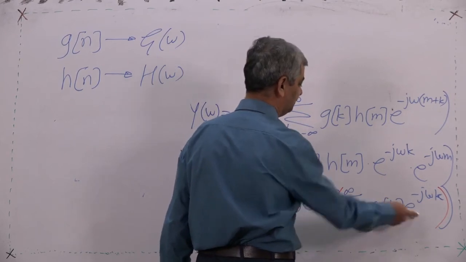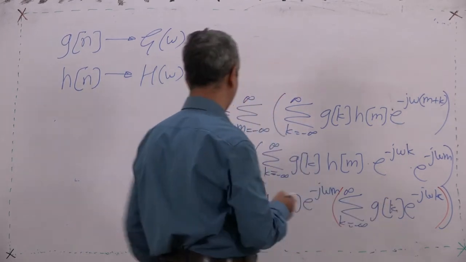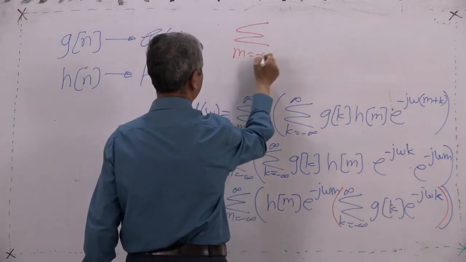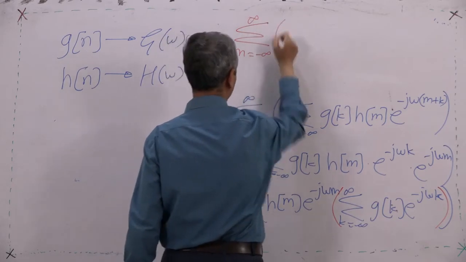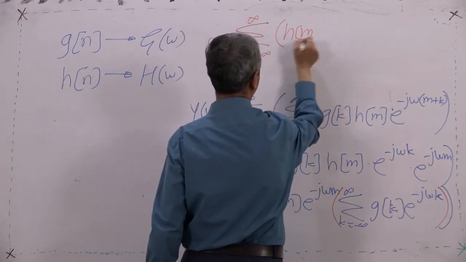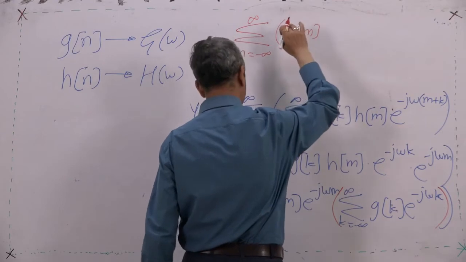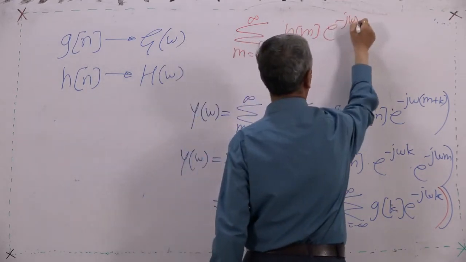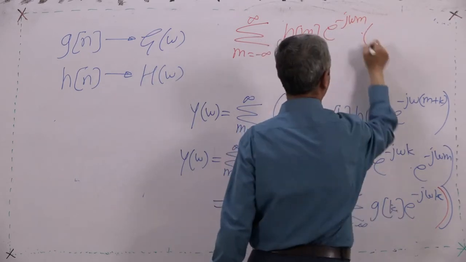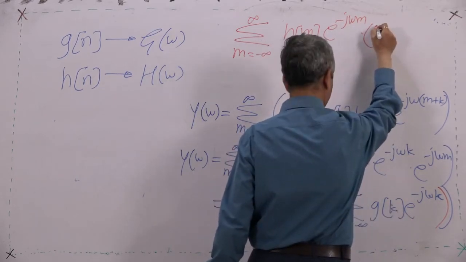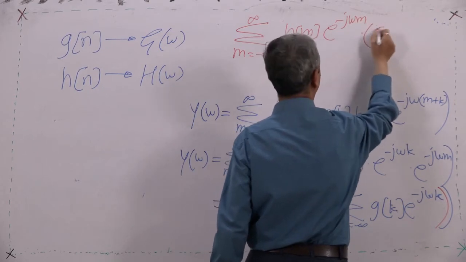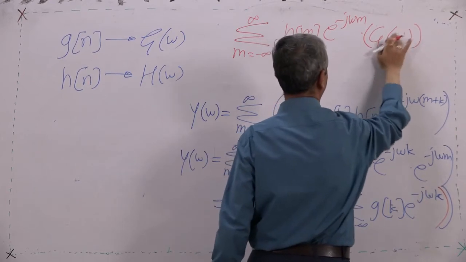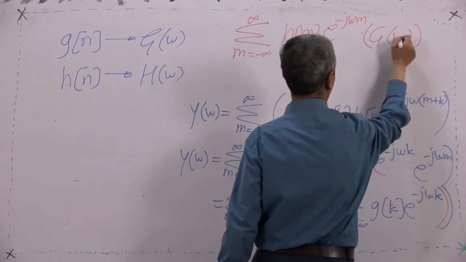This is DTFT, so I can say this is g omega. So I rewrite again: m equal to minus infinity to infinity, hm, no need of this bracket now, e raised to minus j omega m, and this inside bracket is g omega, that is the DTFT of the first function.